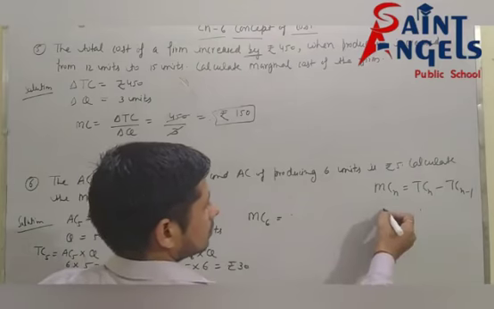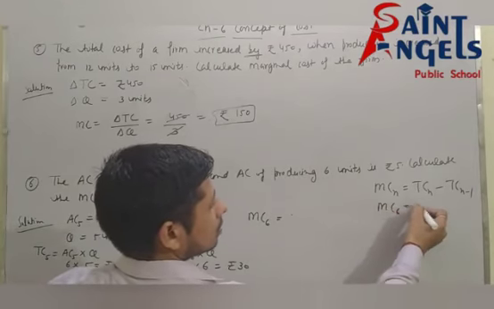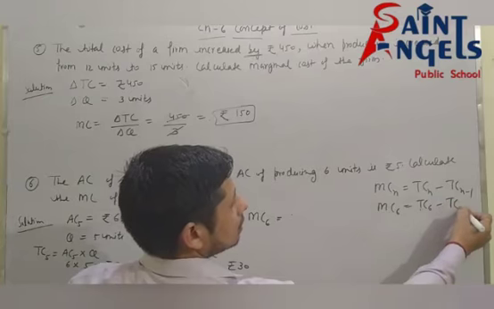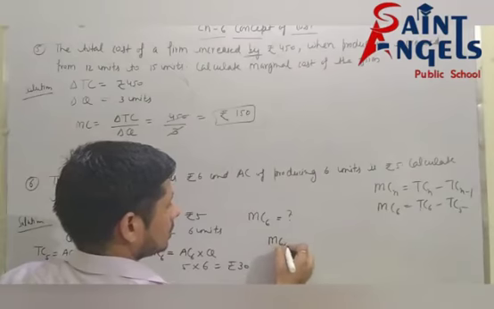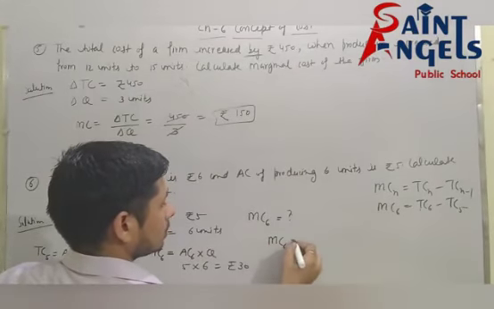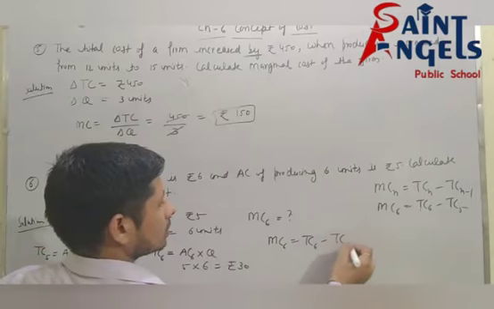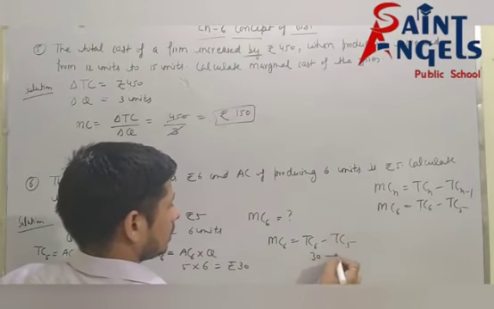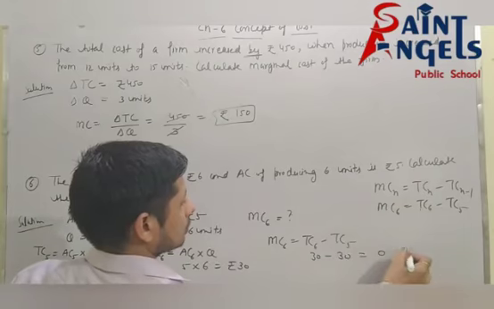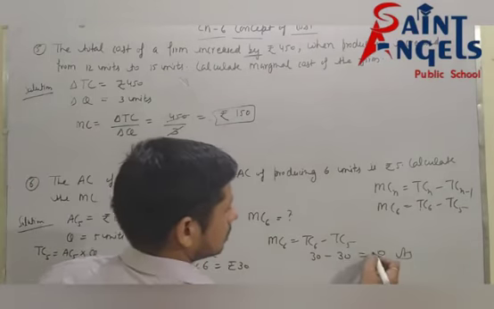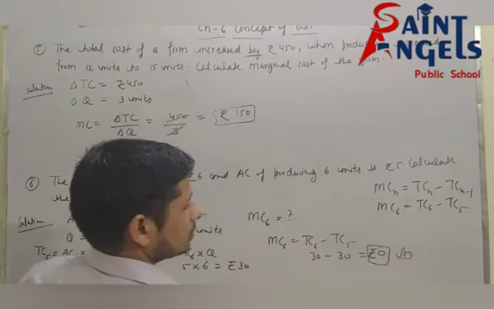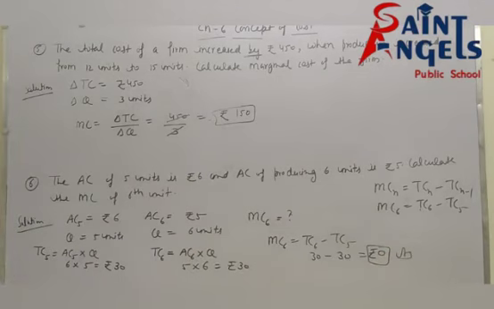Now MC6. Is it clear? So MC6 is equal to TC6 minus TC5. So 30 minus 30 will be 0. So I hope all of you have understood how will you solve this type of question. Your answer will be 0. So please pause the video and note down this.